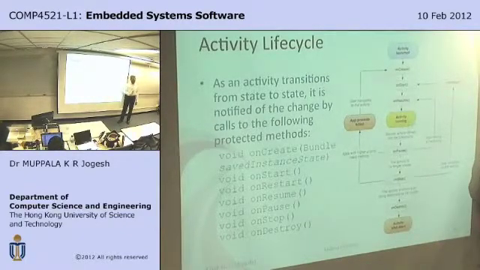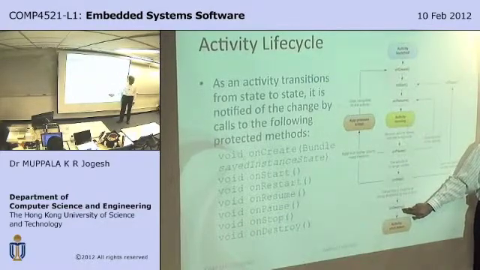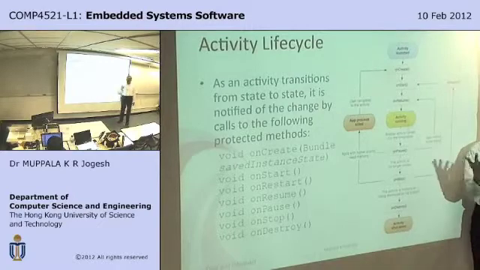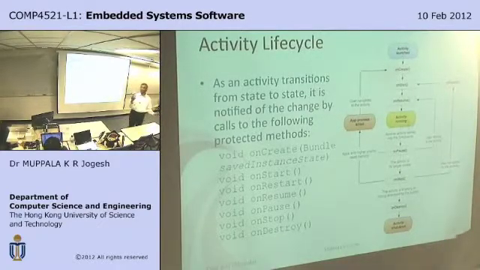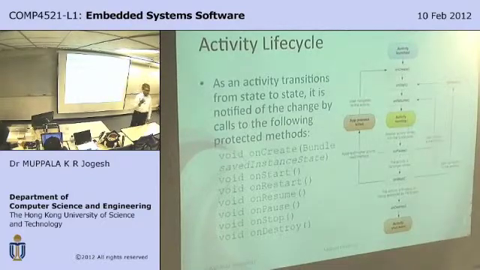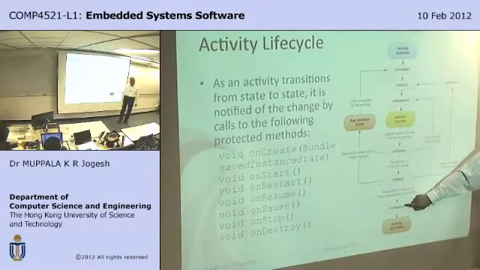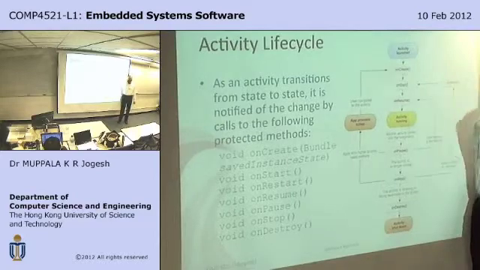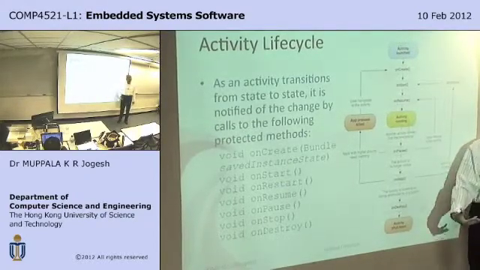If the Android system suddenly decides that it needs the memory that your activity is occupying, it will throw out your activity by calling your onDestroy method. So in case you have an activity sitting there that you created, and then the Android system ends up destroying it, you want to ensure that you save enough state of your system in here so that in case the user again wants to go back to that activity, you'll be able to recreate it in the correct way.